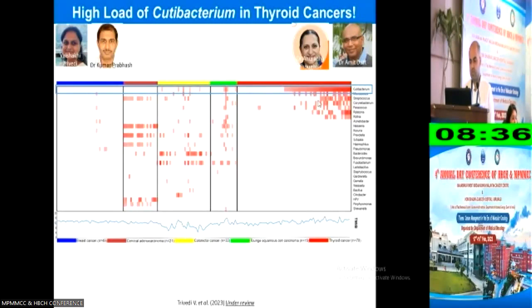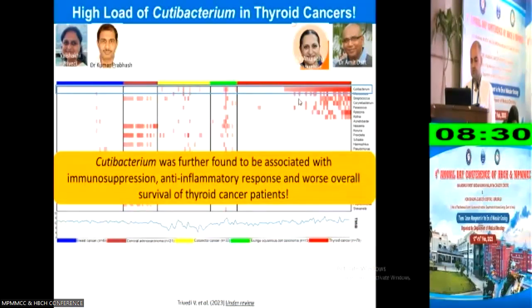But to our surprise, we observed that Cutibacterium is highly predominant in thyroid cancer, and not only predominant, it is associated with immunosuppressive genotypes and biomarkers in the thyroid cancer patient samples, and anti-inflammatory response generating biomarkers were also present and enriched in Cutibacterium positive cases, and their overall survival was statistically significantly lower.